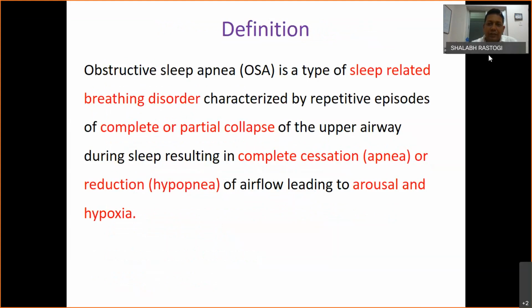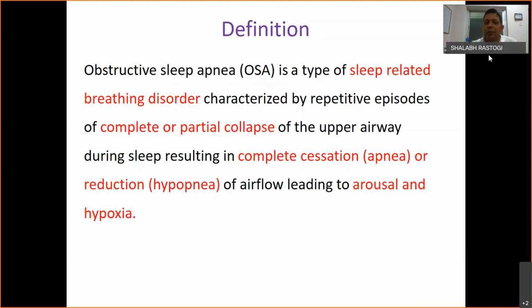Starting with the definition, obstructive sleep apnea is a type of sleep-related breathing disorder characterized by repetitive episodes of complete or partial collapse of the upper airway, resulting in complete or reduced airflow, which leads to arousal and hypoxia.